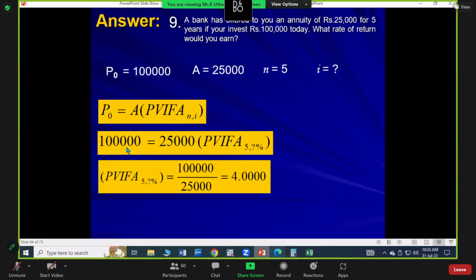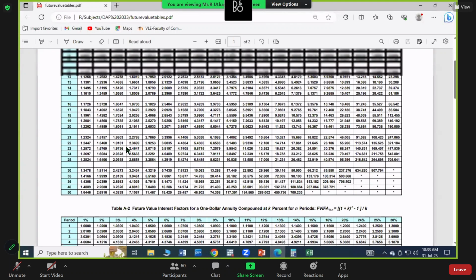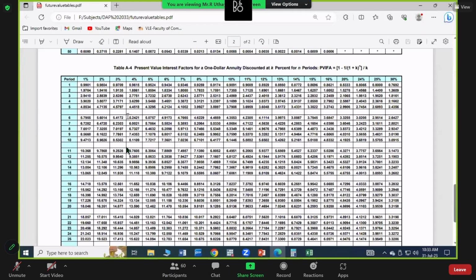But it is not available if we take it from the table.